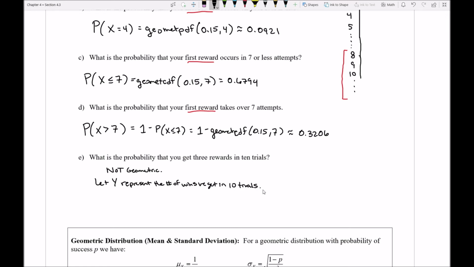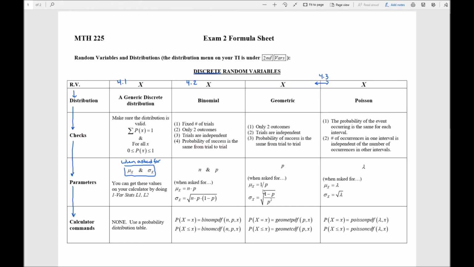Now, if I go back to my formula sheet and switch over to that now, I can see that I can't be in the geometric column because I'm only going to play this slot machine 10 times. But the binomial distribution can account for a fixed number of trials.